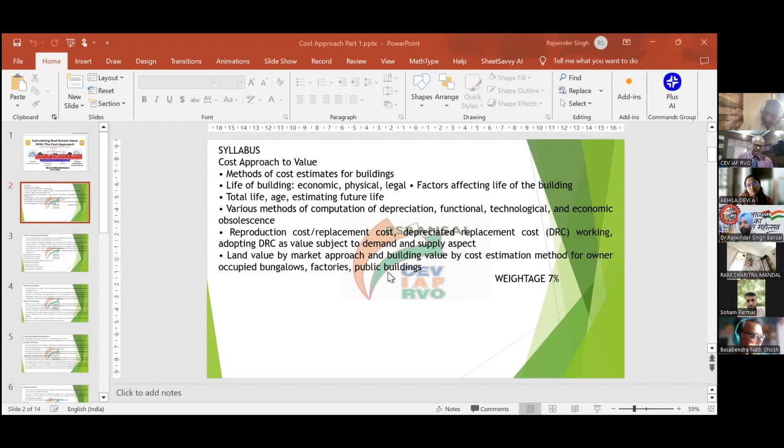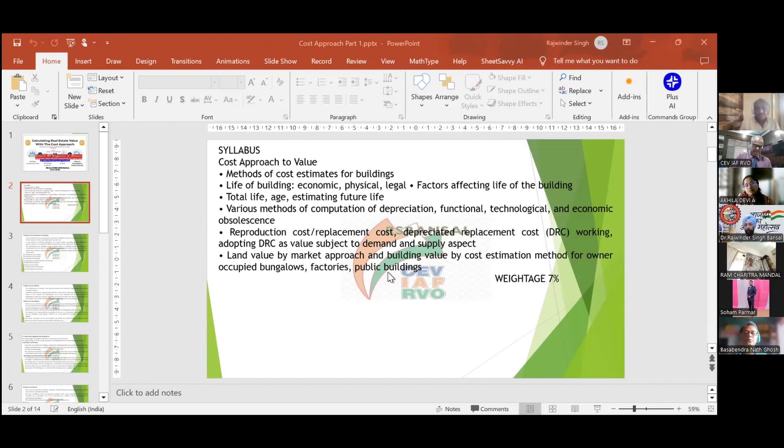So as far as the land is concerned, it is market approach which is to be used for calculating the value of the land. And for building, you have to find the depreciation or depreciated value of the building. And then we will combine these two values to calculate the theoretical value of the property or mathematical value of the property.